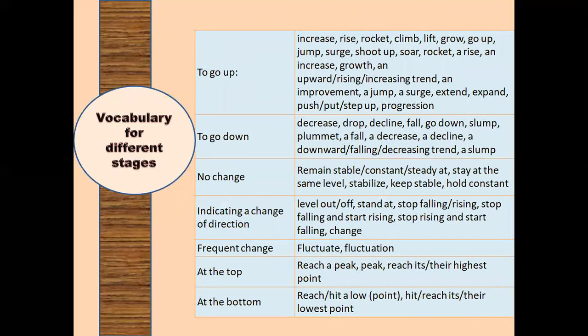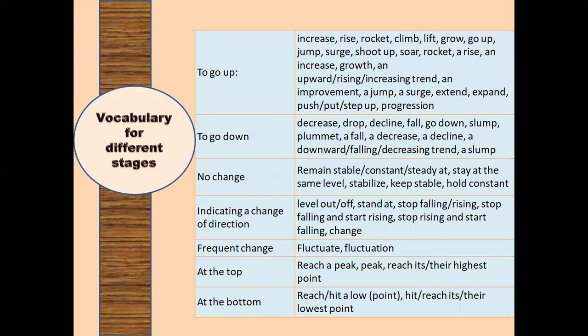A rocket, a rise, increase, growth, an upward, rising, increasing trend, an improvement, a jump, surge, extend, expand, push, put, step up, and progression. All this vocabulary will help you when you have to describe a graph going up.